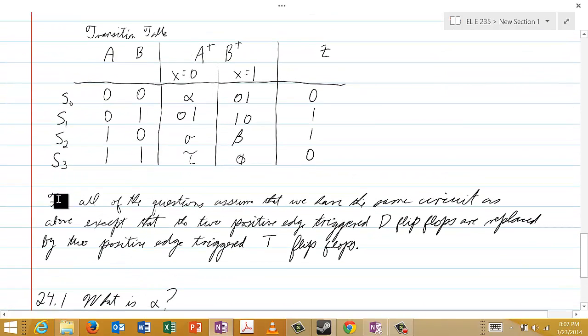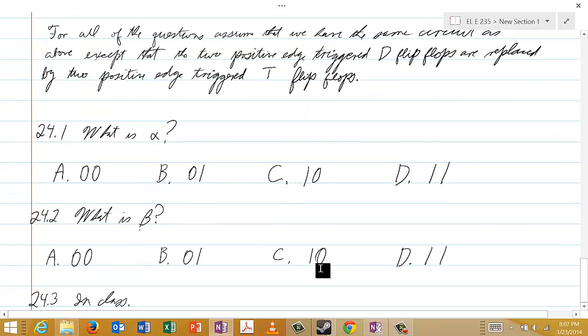And as this says, for all the questions, assume that we have the same circuit as above, meaning at the top, the one that we looked at in class, except that the two positive edge triggered D flip-flops are replaced by two positive edge triggered T flip-flops.